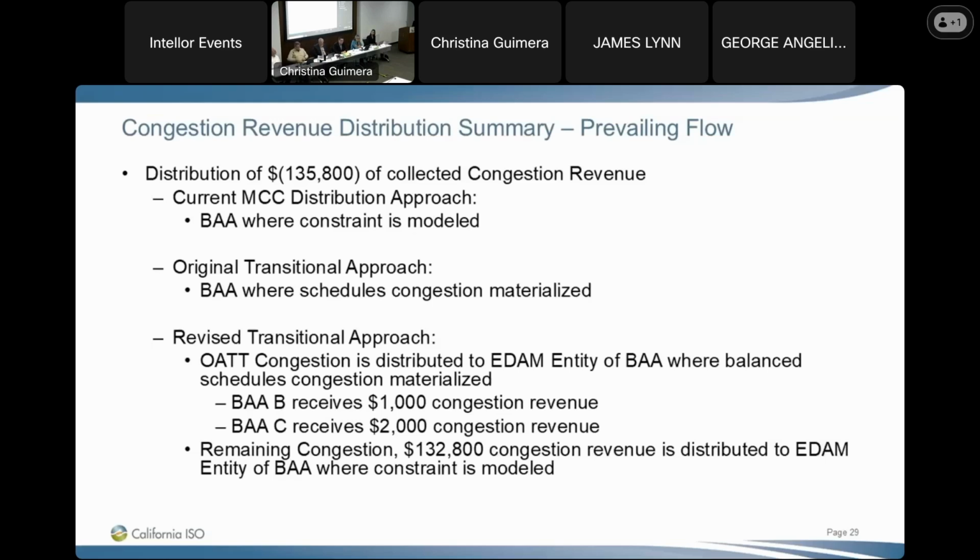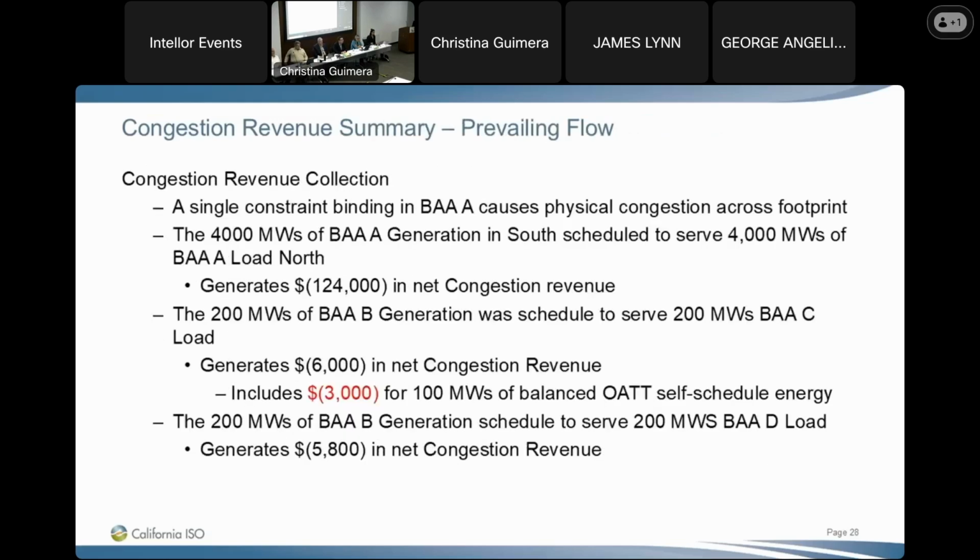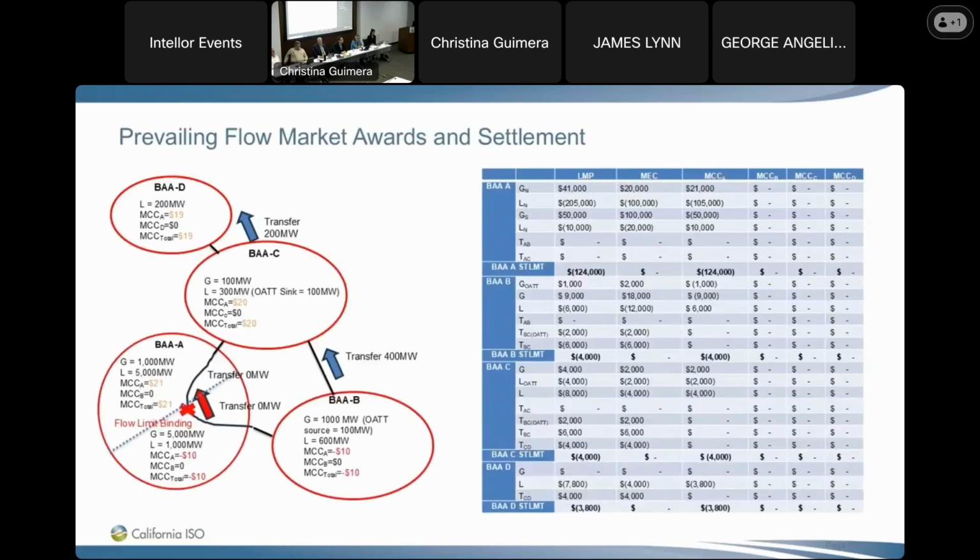If we want to go back, do you want to see what the dollars are? Okay. So in this diagram, where we see the tables with the highlighted bolded values, under that traditional measure that we did in the issue paper, each of these BAs would have this portion of the congestion revenue distributed to it.